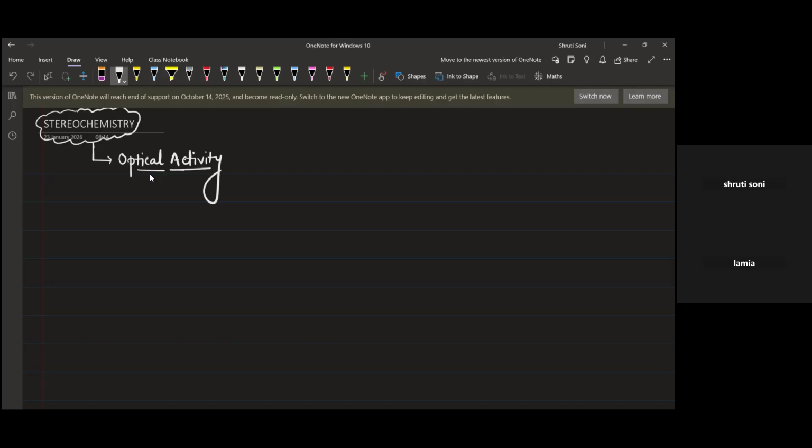I think it has to do with how you rotate the molecule, like mirror images. Yes, very good. Optical activity is how it appears to the human eye, it changes the direction of light. Yes, so that belongs to optical activity and stereochemistry of any particular compound.